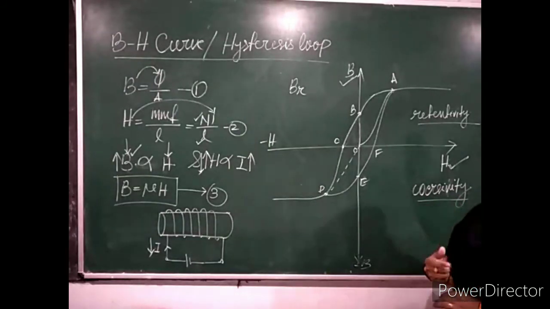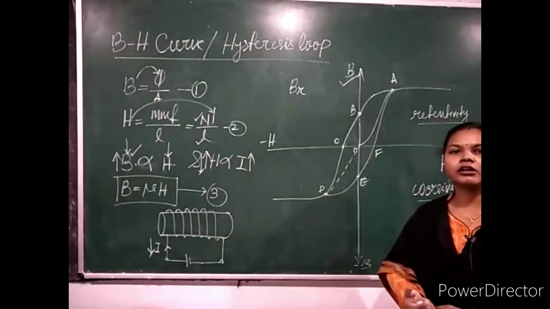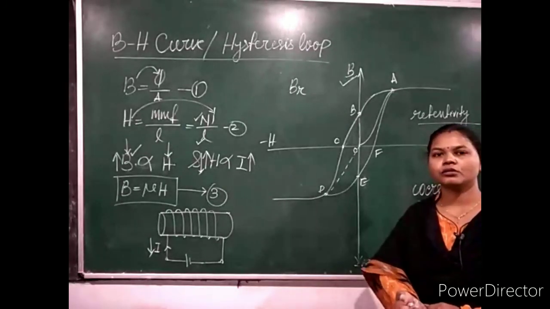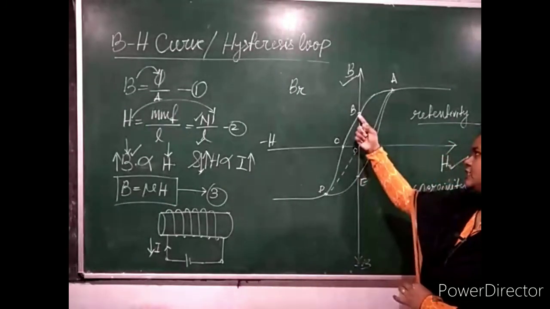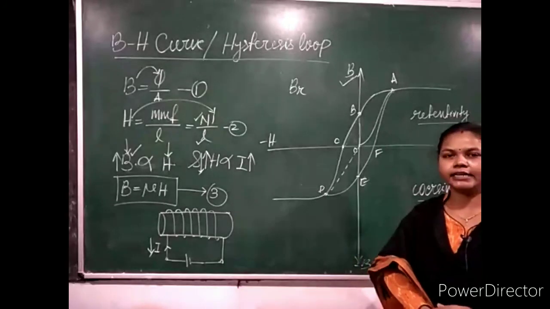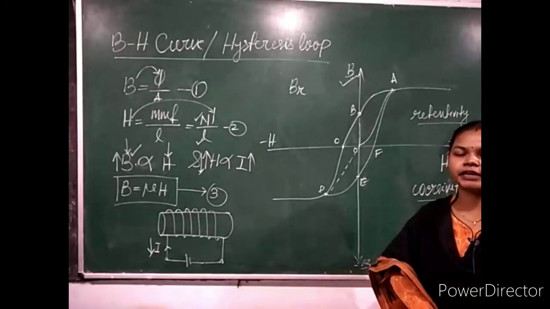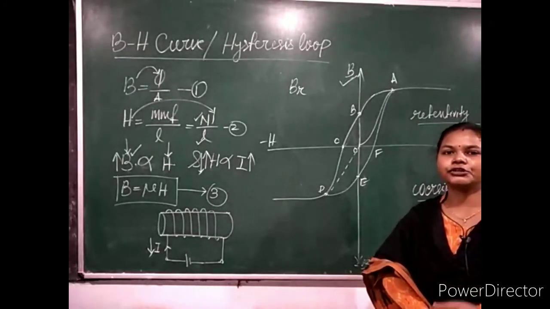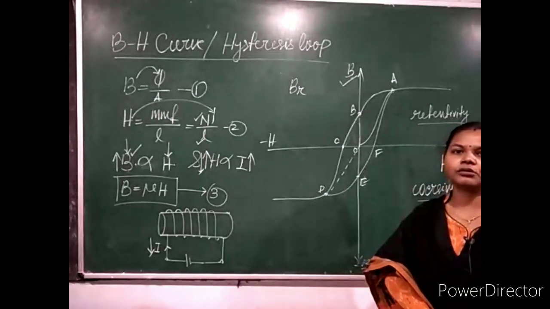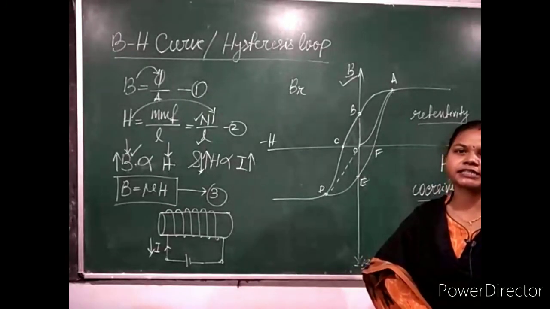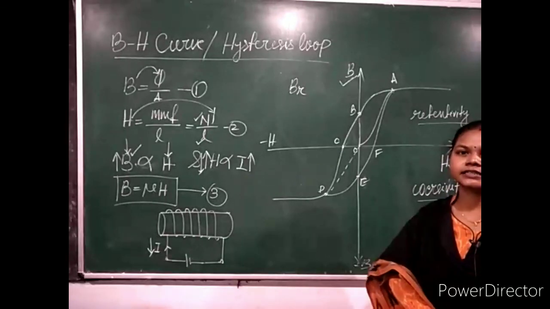Coercivity is the extra amount of force required to make this residual flux 0. You may say it is the property of a magnetic material to reduce or make 0 the residual flux present in the magnetic circuit.